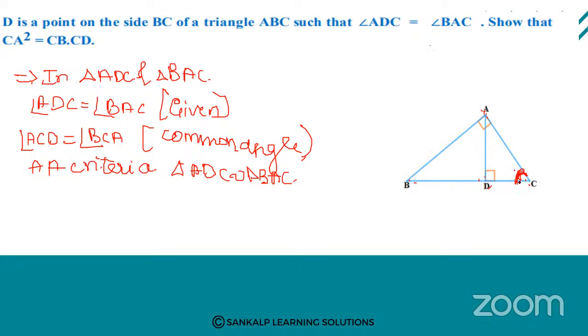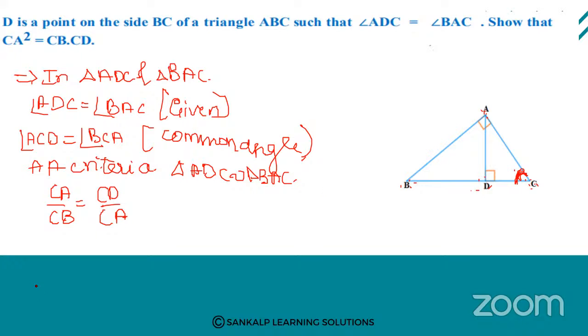So which are the corresponding sides here? CA divided by CB and CD divided by CA. These are corresponding sides. When these two triangles are similar, the corresponding sides are in the same ratio.